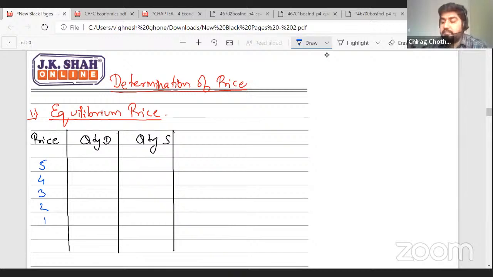Now what will be the demand? In case of 5, will it be lowest demand or highest demand? The answer is, it will be lowest demand. Like lowest demand will be 10, let's suppose. As the price goes on falling from 5 to 4, 4 to 3, 3 to 2, and 2 to 1, the demand will go on rising. So demand will become from 10 to 20, then 30, 40, and 50.